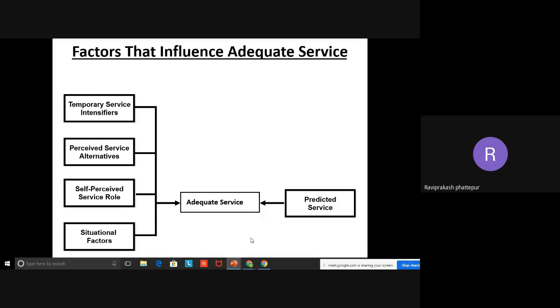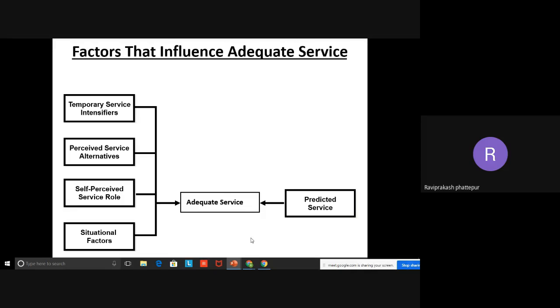And your friend says, "Hey, why did you come to this particular restaurant? There is one more restaurant just next to this, where they provide the services very fast." So you are perceiving that the service given by some other service provider is faster than this one. You are perceiving based on the alternatives that you have.